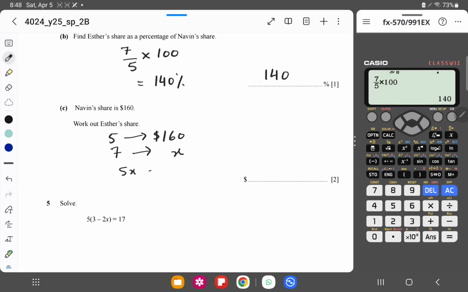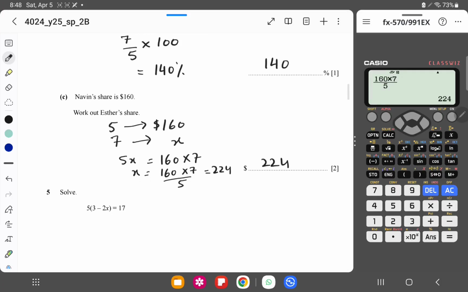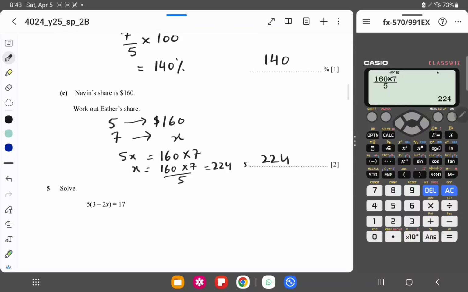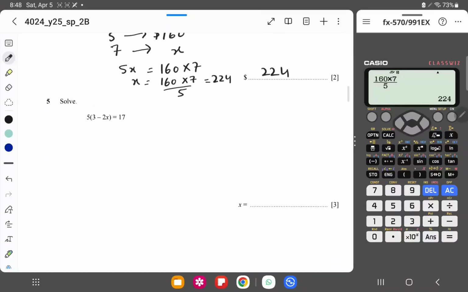So 5x equals 160 times 7, and x equals 160 times 7 upon 5, which equals 224. So 224 is Esther's share and Naveen's share is 160.